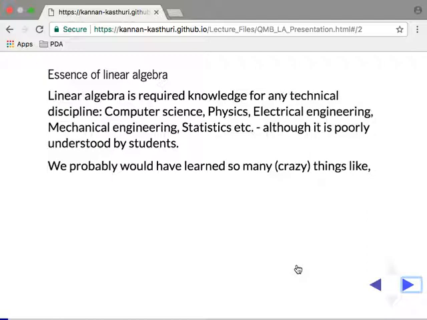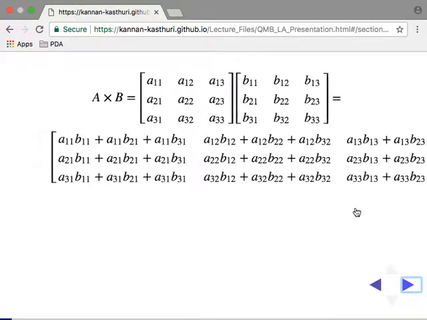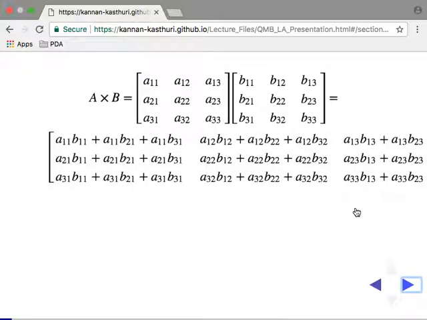So what are matrices? People who have done mathematics, what are matrices? Okay, let's see what matrices are. We might have learned so many crazy things, right? When you have two matrices to multiply, it looks like a very complicated formula. It doesn't even fit the screen here.